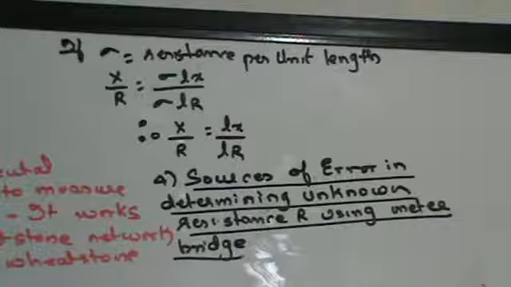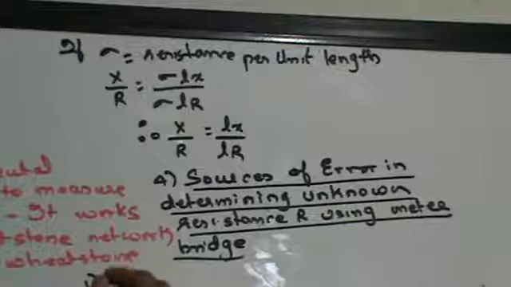First, while deriving the formula, it is assumed that the meter bridge wire is uniform and the resistance per unit length of the wire is the same throughout. But in practice, a bridge wire is not uniform and therefore errors can be introduced in the calculation of unknown resistance. We have assumed that the wire has uniform resistance per unit length, but in practice it is not possible to get such a wire.